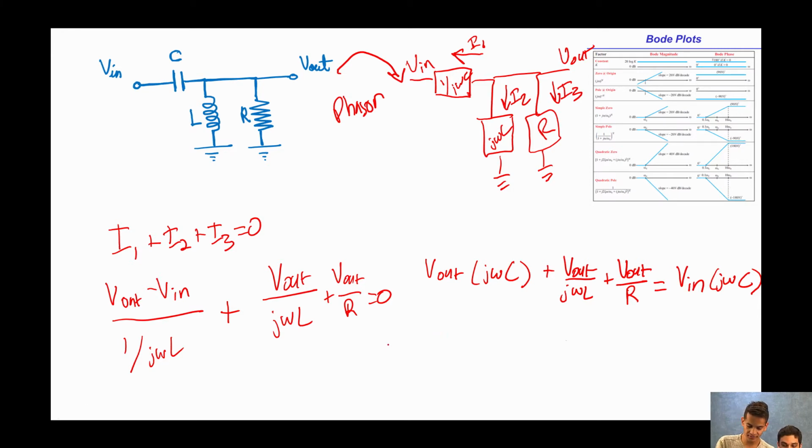So from here, we know the transfer function H of omega is V out over V in.